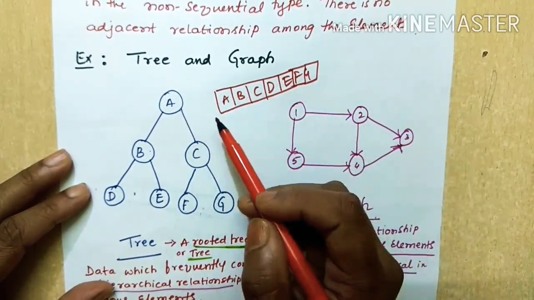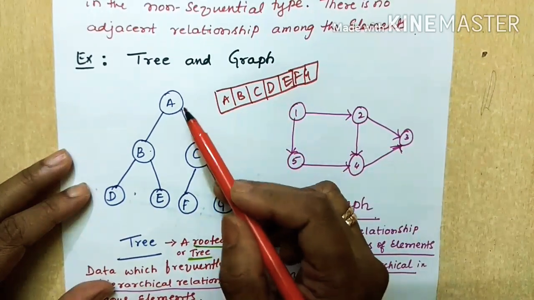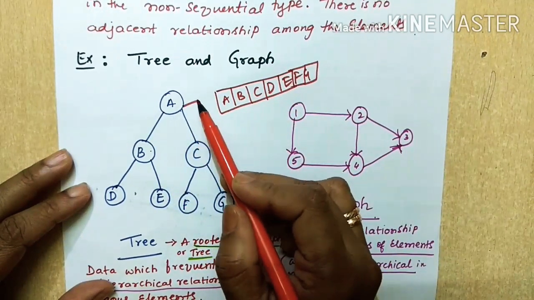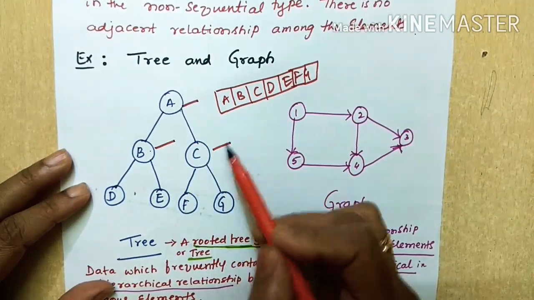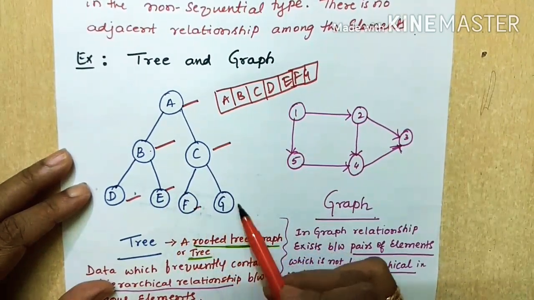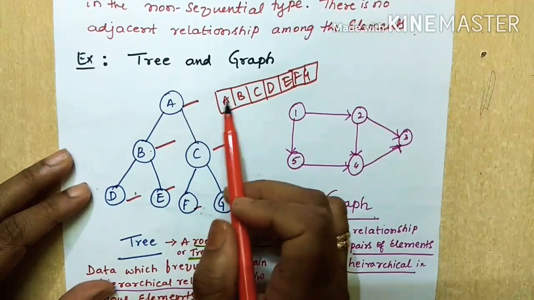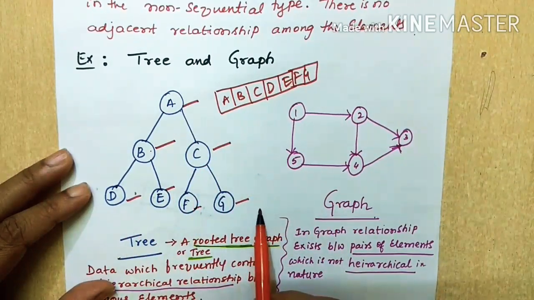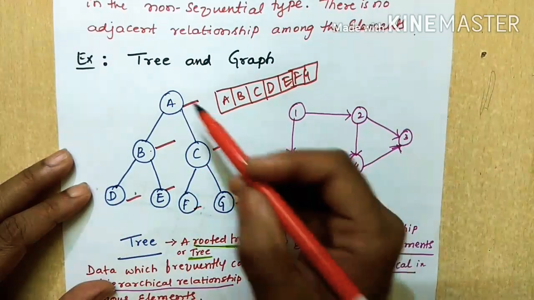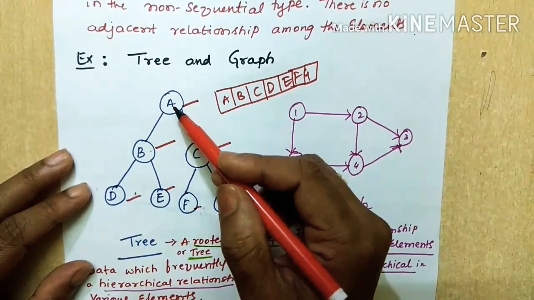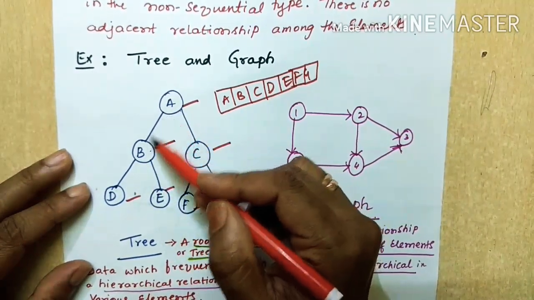But here in the tree, the same data elements are arranged in this pattern. These are called levels: the first level, second level, third level. The tree data structure follows a hierarchical relationship.